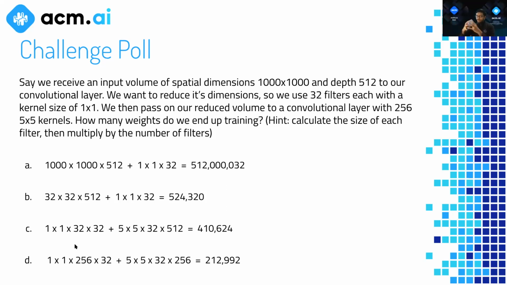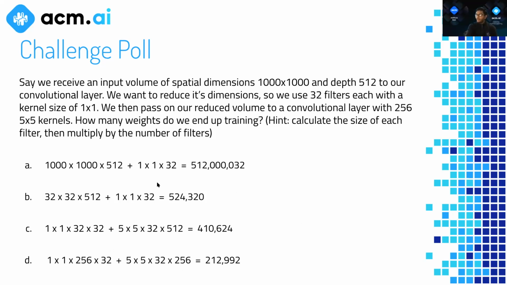So we know our first piece of the puzzle, we have weights. The number of weights is going to be 1 by 1 into 512 into 32, which should have been D, but 256. My bad. But that should have almost given you a clue about how to progress.